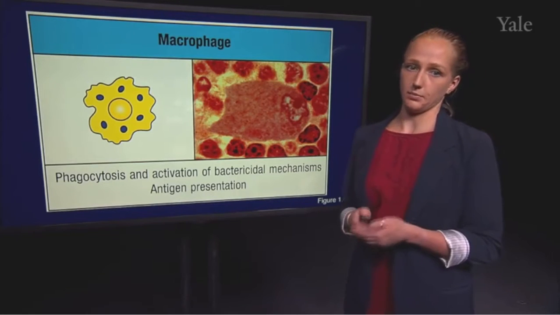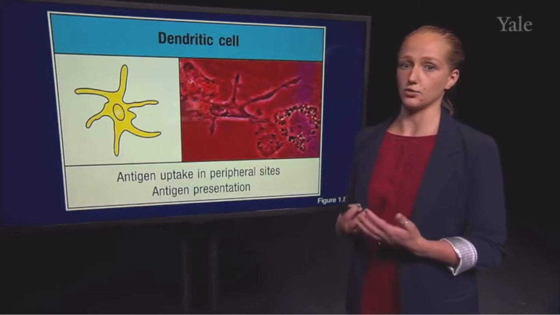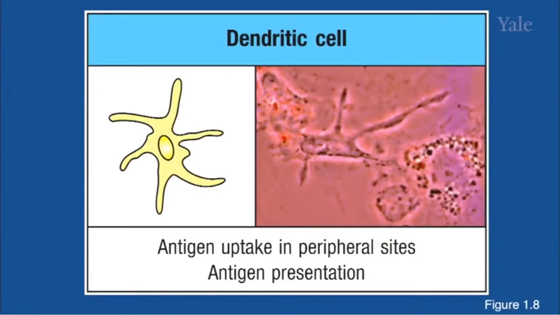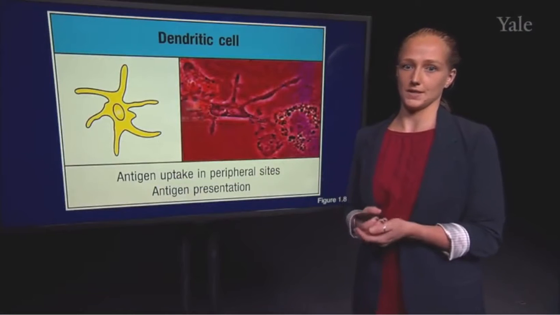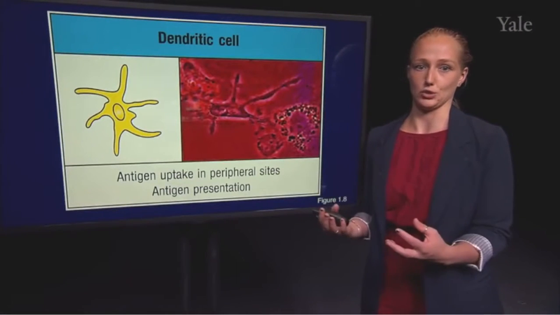The other cell type that's really important, that's also a phagocyte, is called a dendritic cell. Dendritic cells are very visually distinct from macrophages, as you can see, because they have very long, elaborate processes that are very similar to the dendrites of nerve cells. Immature dendritic cells migrate through the bloodstream from the bone marrow to enter various tissues.